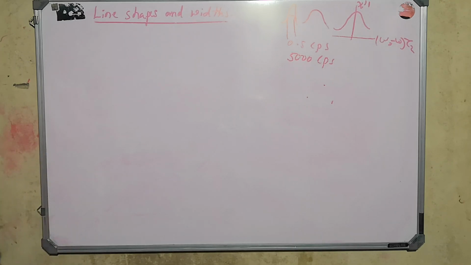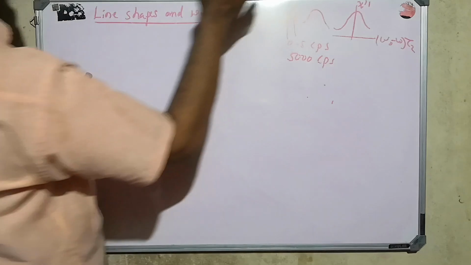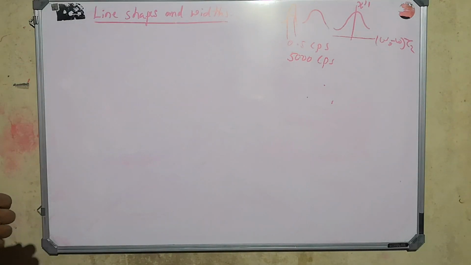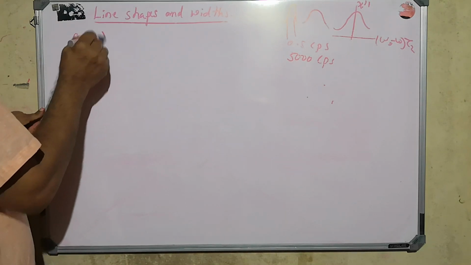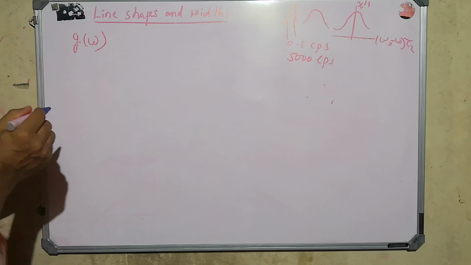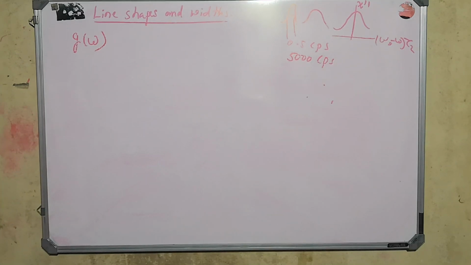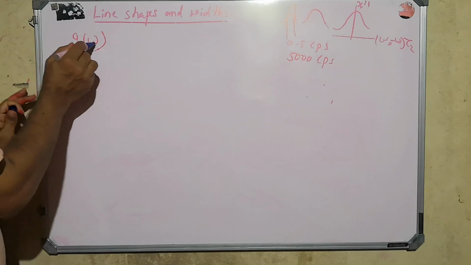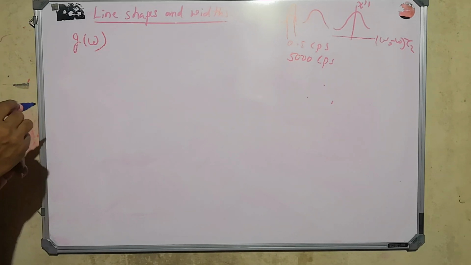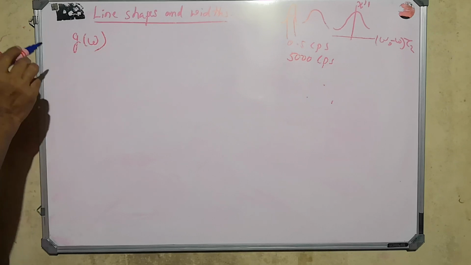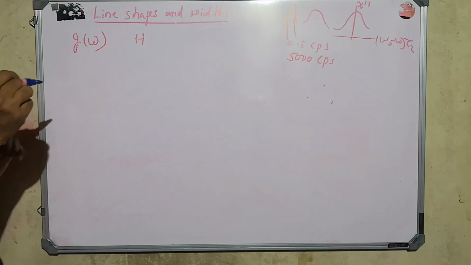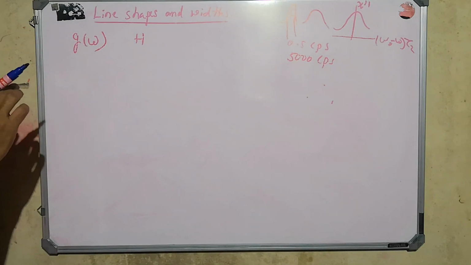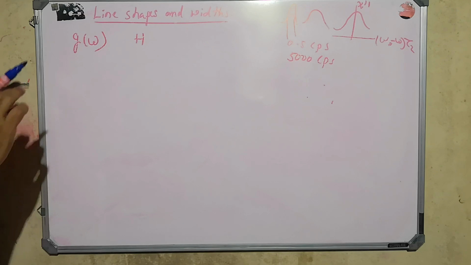In order to understand the shape of the magnetic absorption line, we consider a function g of omega, which is a function of frequency omega in a fixed magnetic field H. Let us consider this a normalized function.